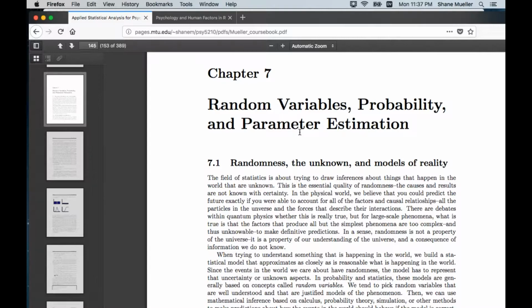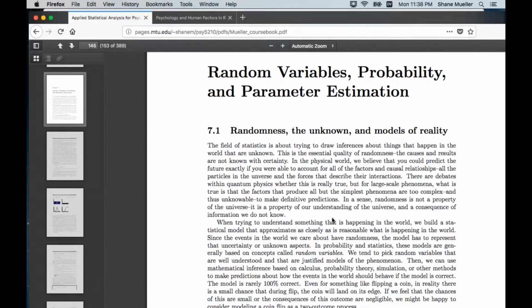So that's really all I think we mean by randomness. It's not necessarily a property of the universe. It's a property of our understanding of the universe. When we don't know something, we can't predict it, and to the extent we can predict it, there's going to be variability. That variability, and the unknown information, we just refer to as randomness.